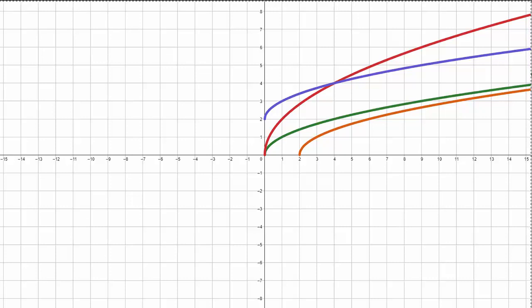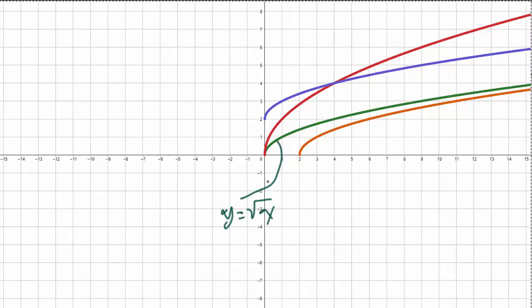When we look at all these pictures up here, this green one right here is the parent. This is y equals the square root of x.